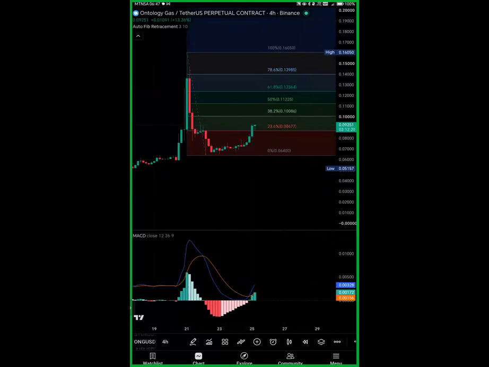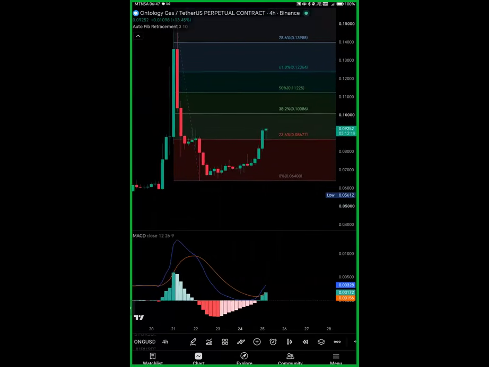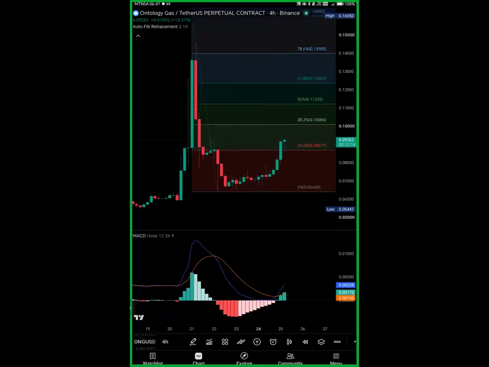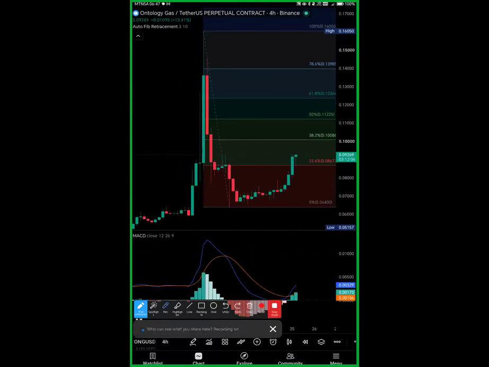All right. So we said about the 3 white soldiers and the 3 black crows. I can see here we had a downtrend. As you can see, this was a deep downtrend after the market did shoot up. And we saw this reversal that happened right here.